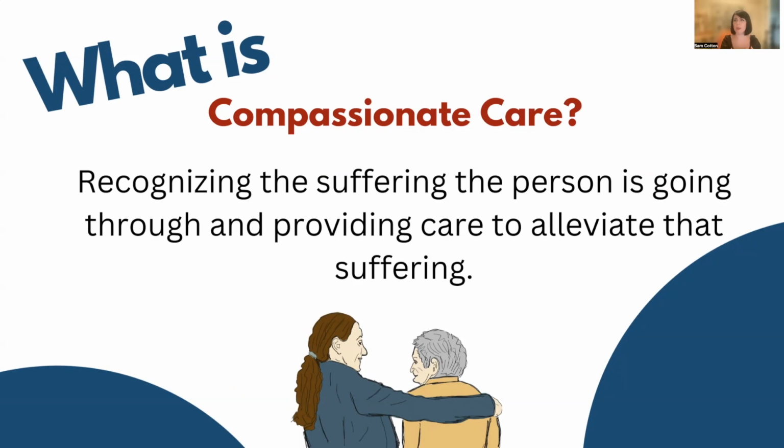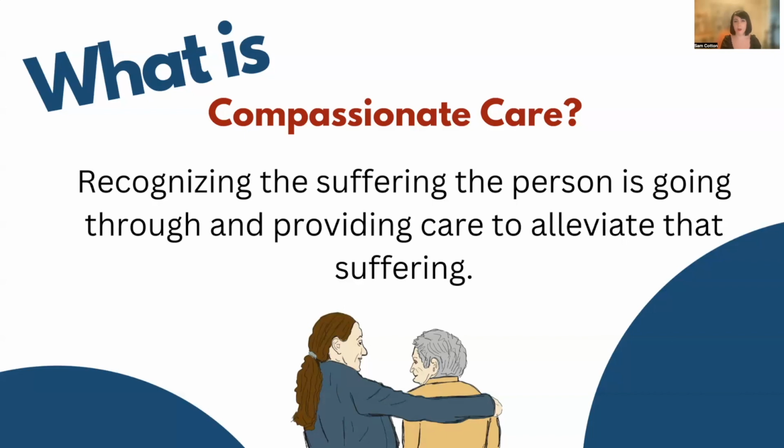And I'm not just talking about the physical suffering as they lose some functioning across the board as it relates to being able to do those activities of daily living. It's also that emotional suffering that they're dealing with. And so we really want to think about ways we can provide care to help alleviate that suffering that person's dealing with.